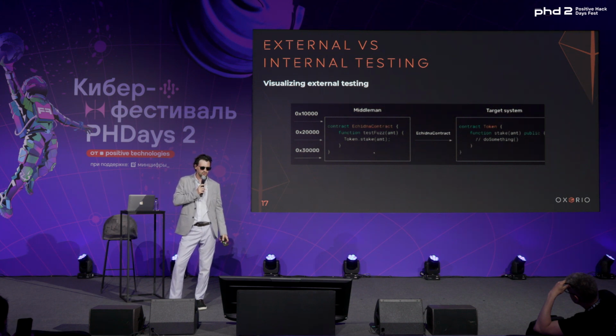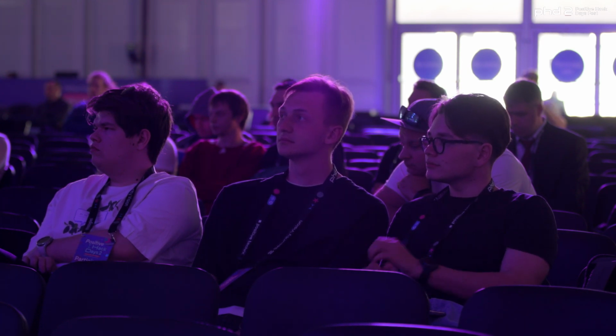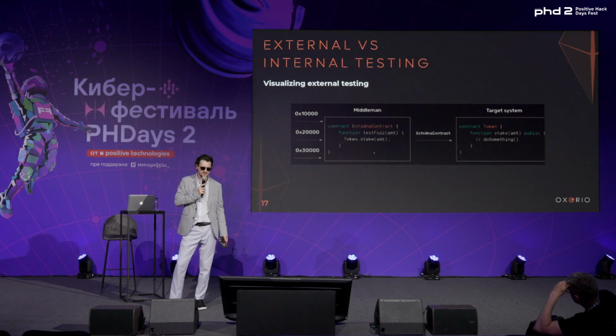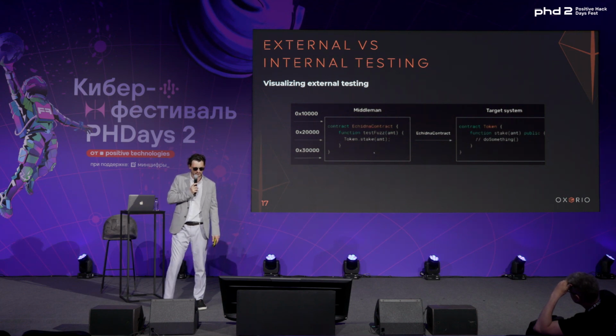With external testing, we get access only to those functions that are called, like the test fuzz function here, which calls the state function. So if we have a large protocol with lots of points of entry, for each point of entry we get test withdrawal, etc. And we'll call the functions of the protocol.